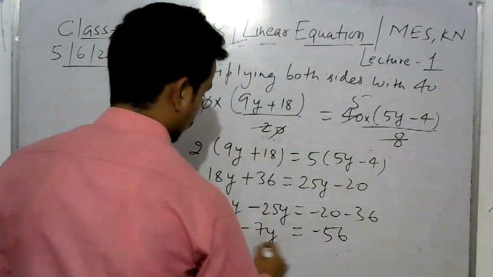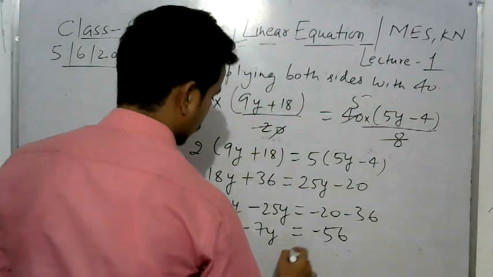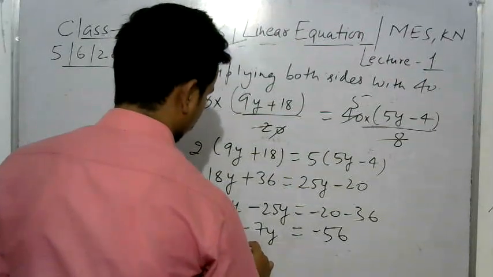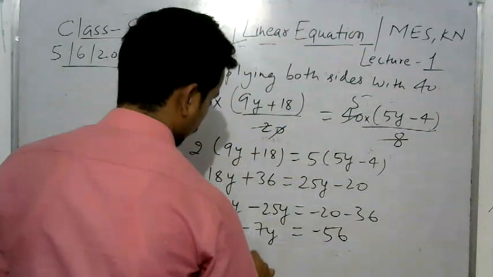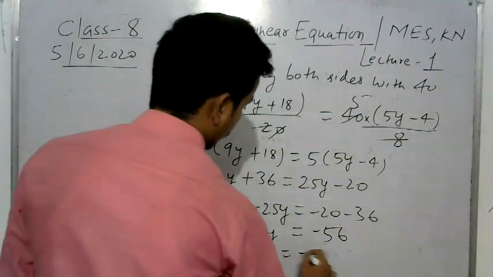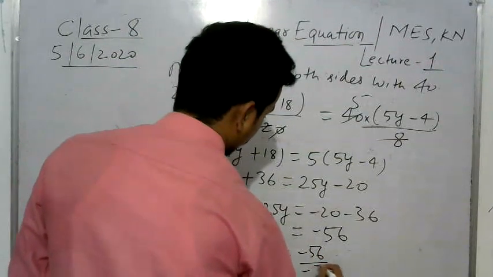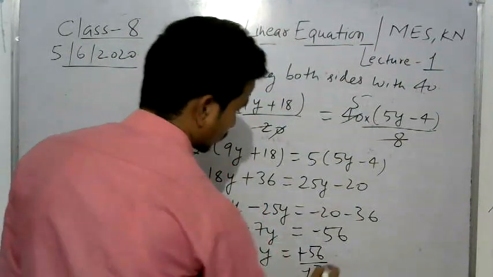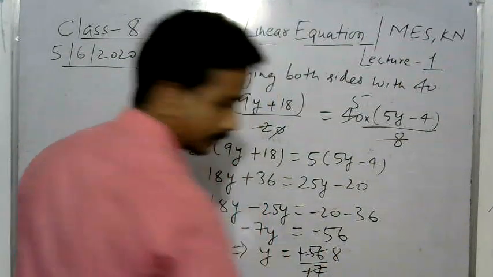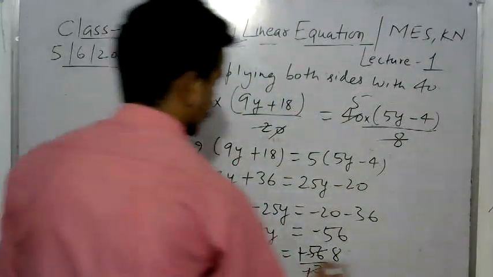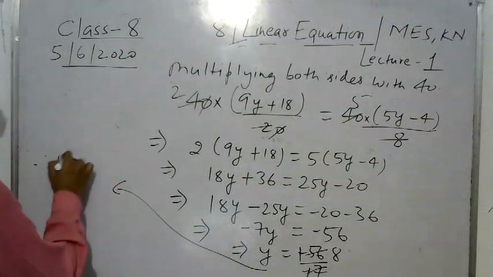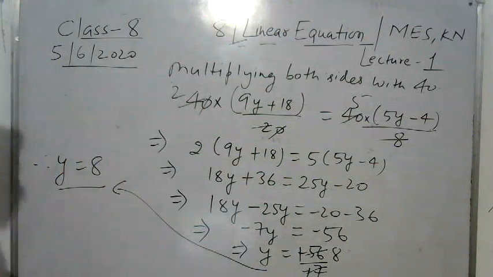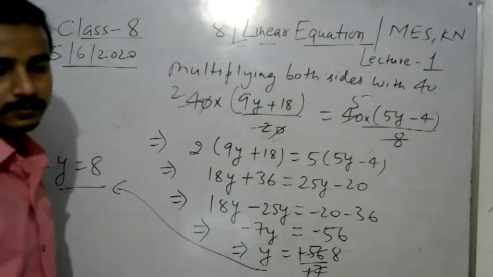So y equals minus 56 over minus 7. Minus and minus will cancel, 7 times 8 is 56. So therefore y equals 8. So 8 is the answer.